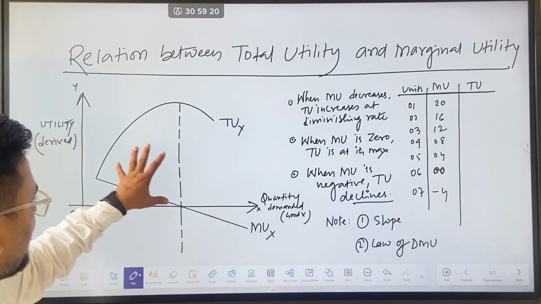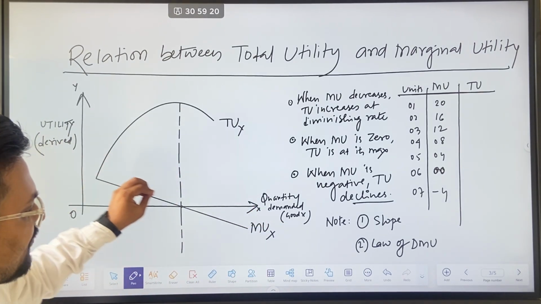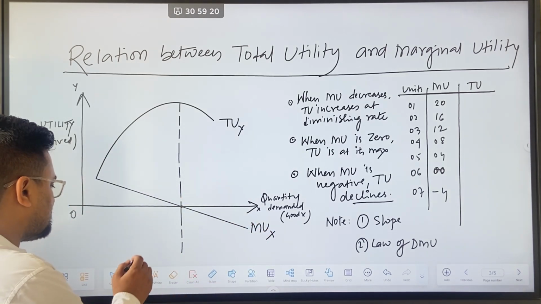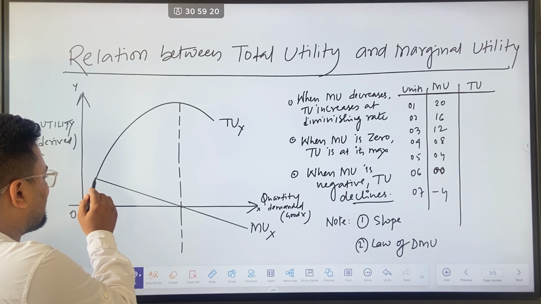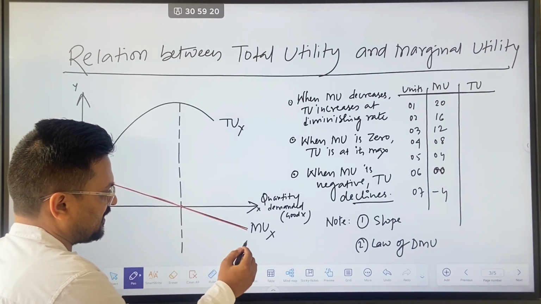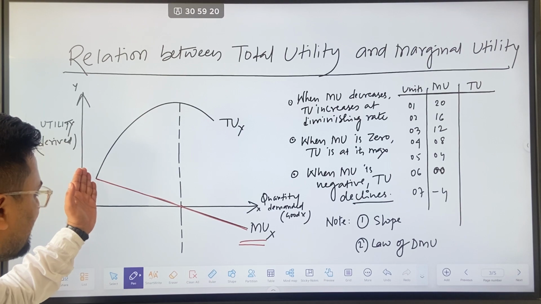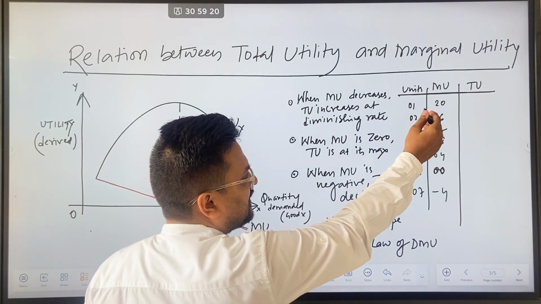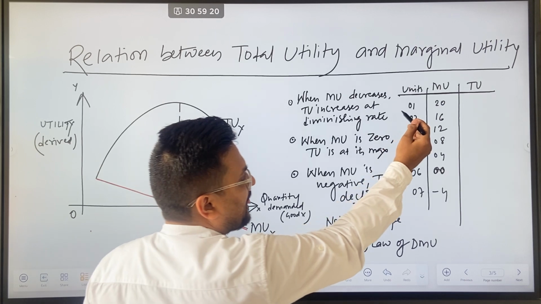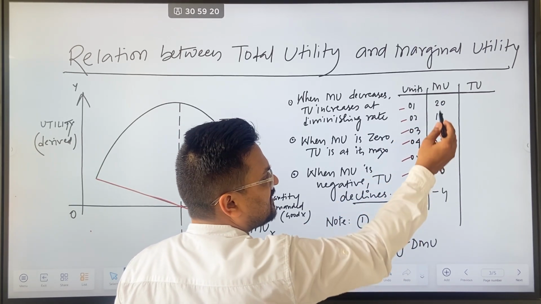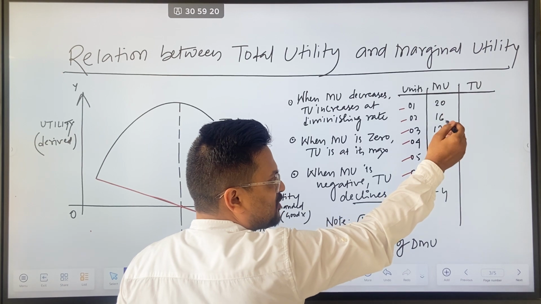Now, whenever we talk about the law of DMU, due to which marginal utility is going down, that is, it is sloping downwards, MUx is negatively sloped. As you can see in this schedule, in this hypothetical data, with the increase in units 1, 2, 3, 4, 5, 6, 7, marginal utility keeps on diminishing.